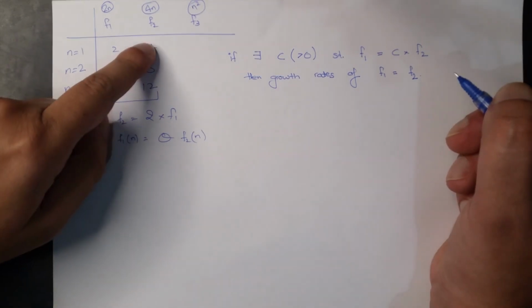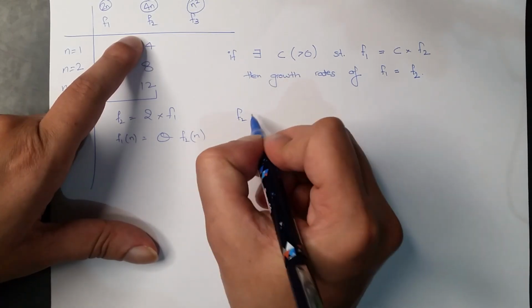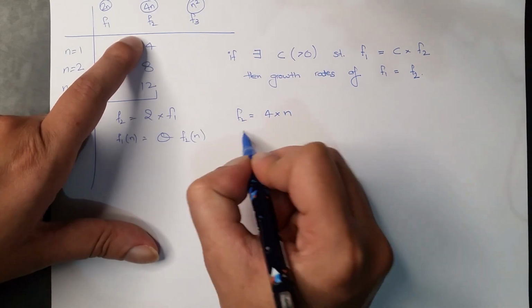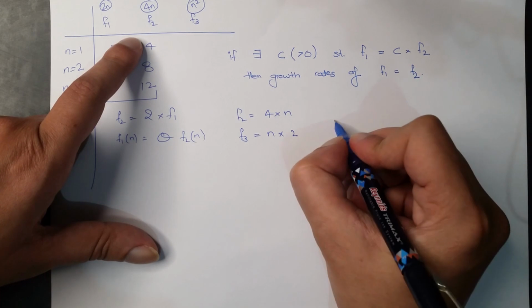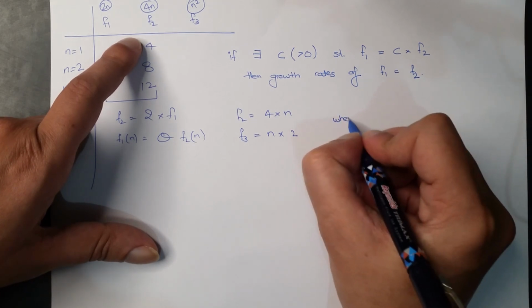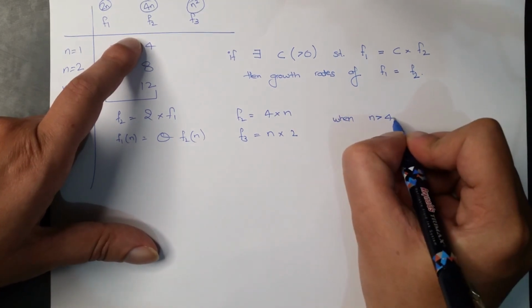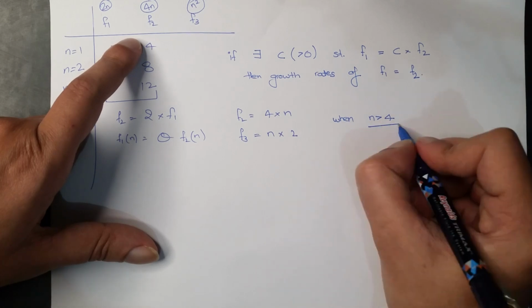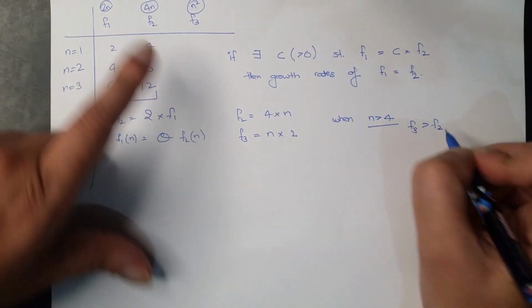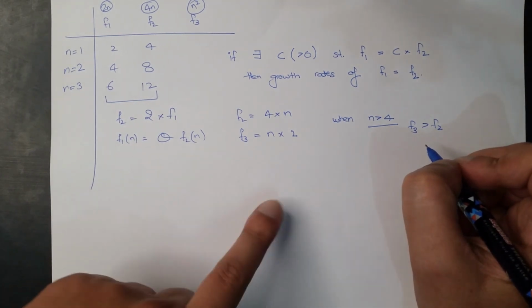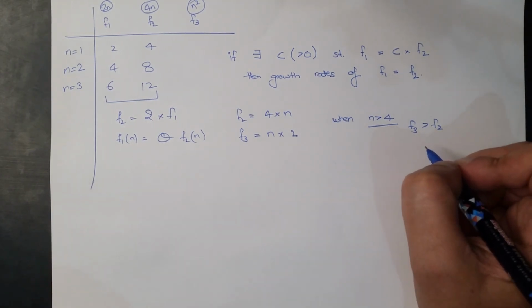In f2 and f3, f2 is 4 times n and f3 is n times n. When n is greater than 4, at that point f3 will be more than f2. Beyond that point f3 will always be more than f2. Before that point f2 will be more.